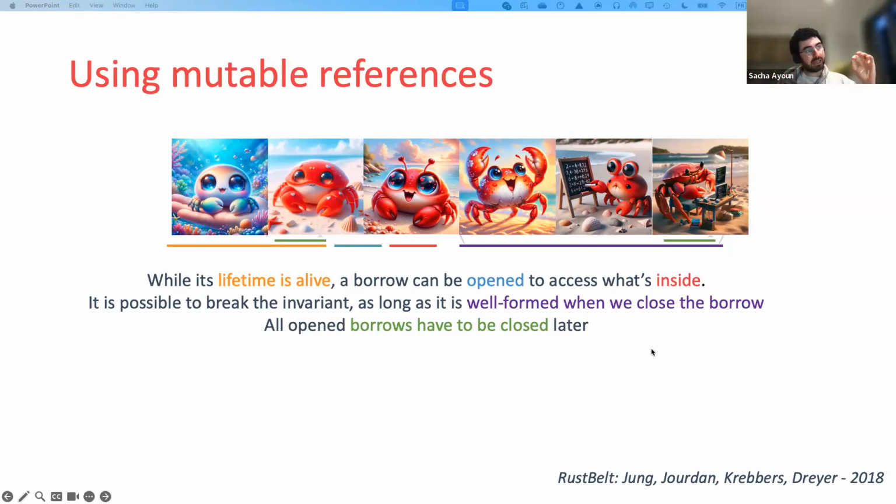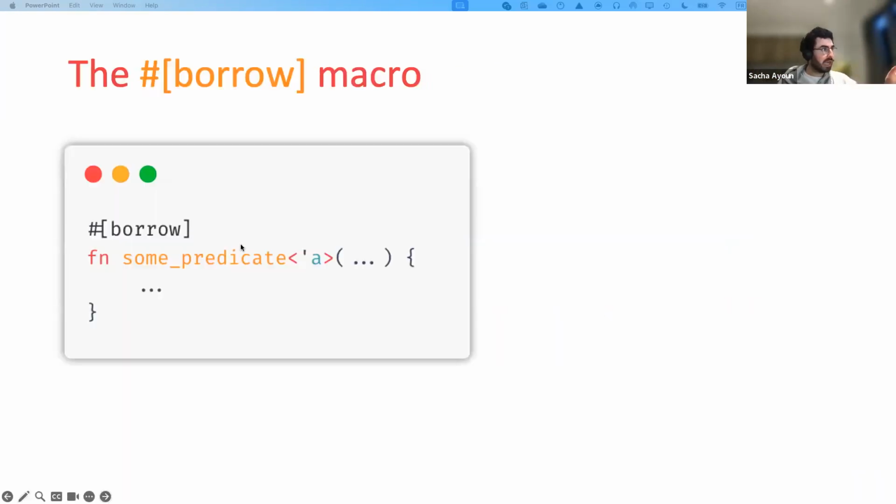No, I'm kidding. So there's this additional thing that makes sure that all borrows that you have opened, you have to close at some point, basically. And so we introduce another macro called hash borrow that you add to a predicate, and it makes this predicate a borrow.